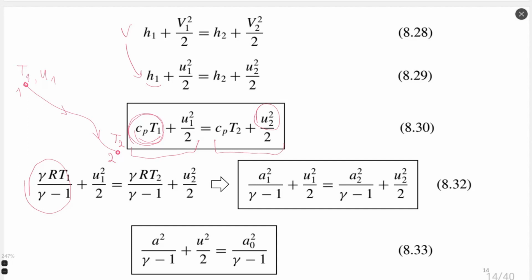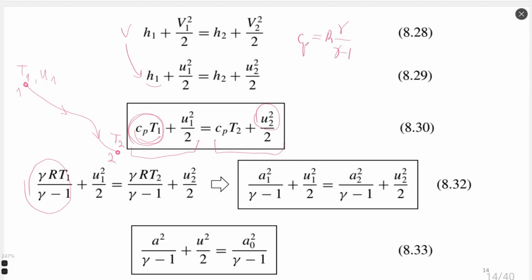How they are equivalent, we can easily show when we remember what is CP from previous lecture. We had CP. Okay, just looking to this equation here, and I will write, is proportional to gas constant multiplied by gamma and divided by gamma minus 1.